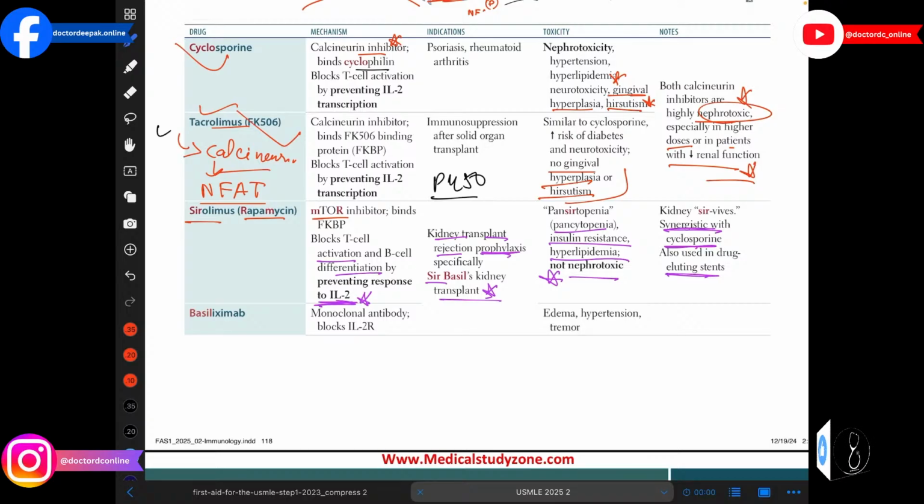Also, a more important thing they already mentioned is the use in drug-eluting stents.